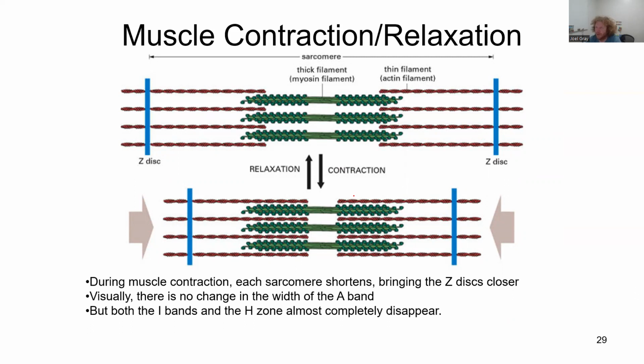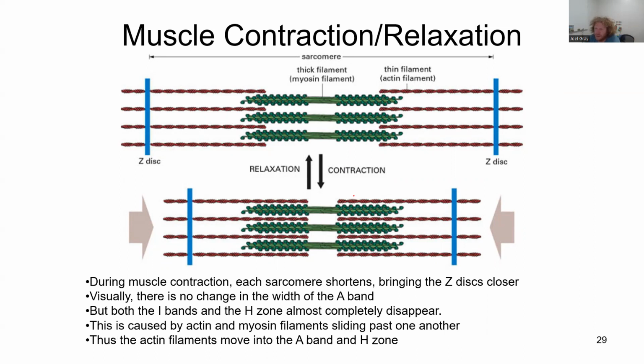So remember, the A band is from the end of our two myosin filaments. What's happening is that the peripheral region where our two proteins are interacting with one another, that overlapping region is growing, but the A band as a whole is not. This is caused by actin and myosin filaments sliding past one another. Thus, the actin filaments move into the A band and the H zone.